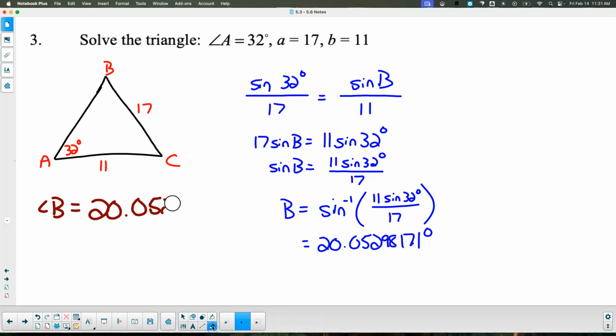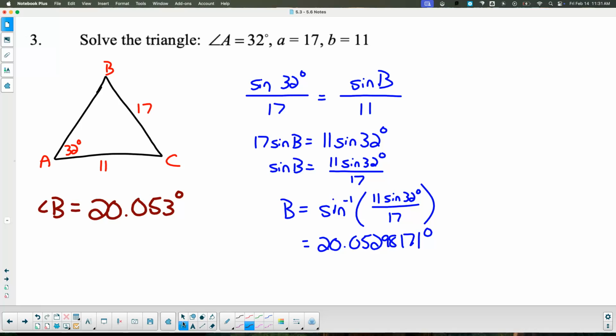I almost put 053 degrees. With me? But leave it on your calculator, because we're going to have to use that right now.